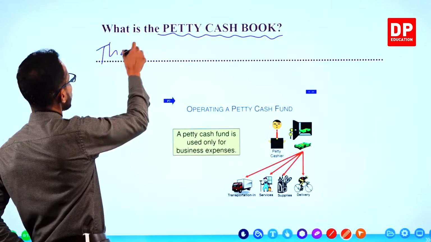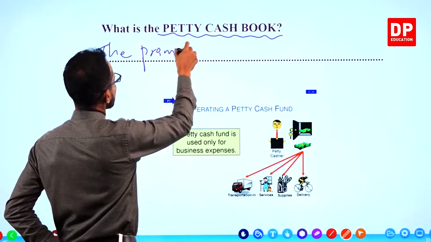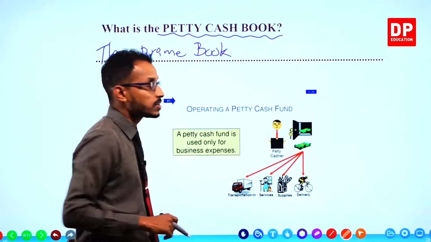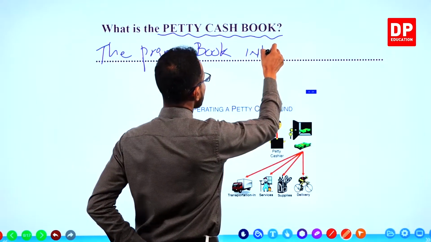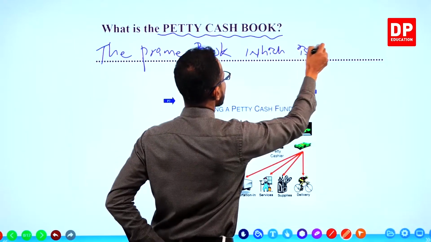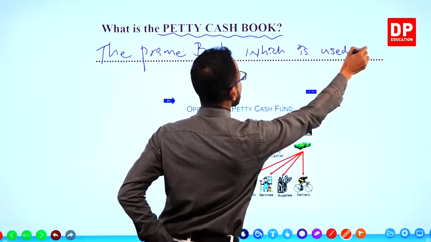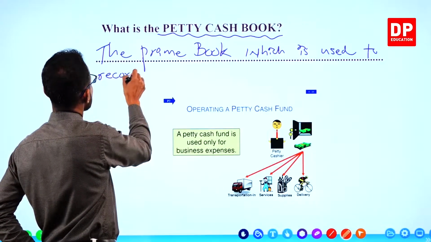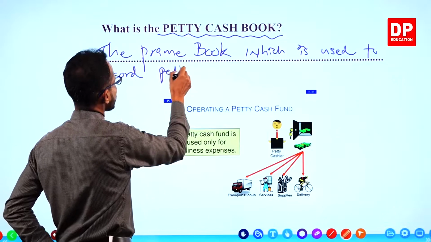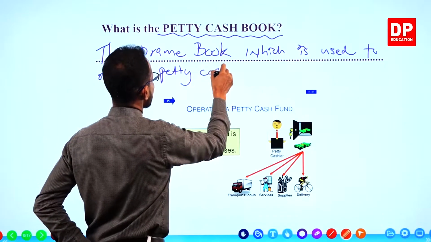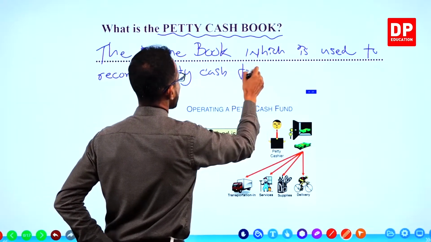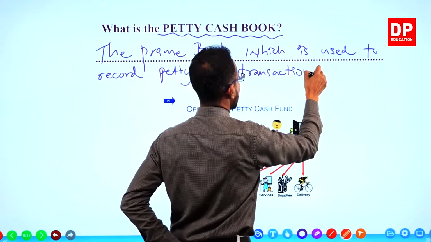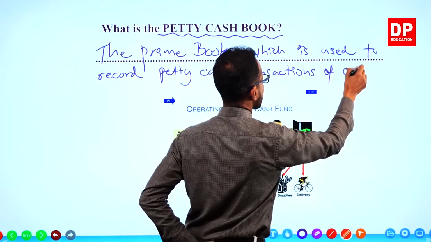The prime book. That is a prime book which is used to record petty cash transactions of a business.